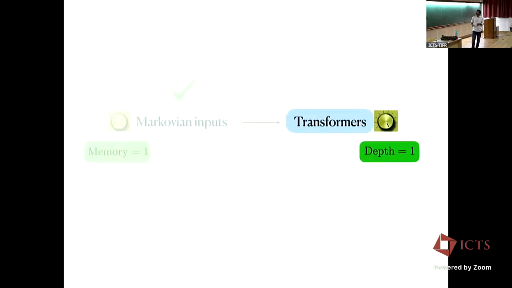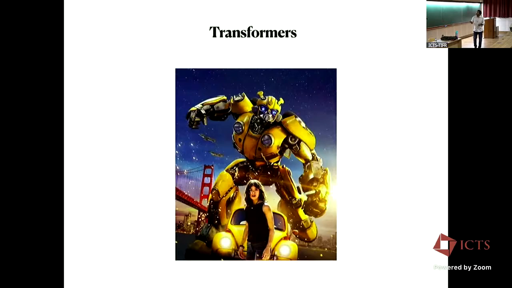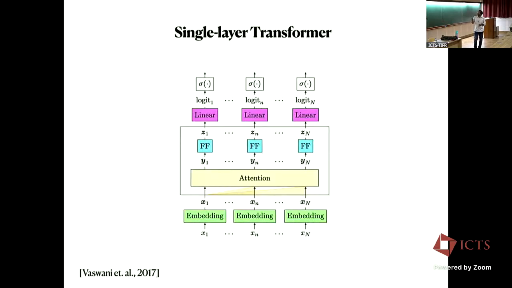Now going to transformers. What is a depth one transformer? What is the architecture? Unfortunately, the general case is too complex for us to solve, but we consider the classical architecture that we saw yesterday. Starting with a sequence of tokens, say x1 to xn, there is an embedding. Then there's the key component, the attention mechanism that attends causally to the past.